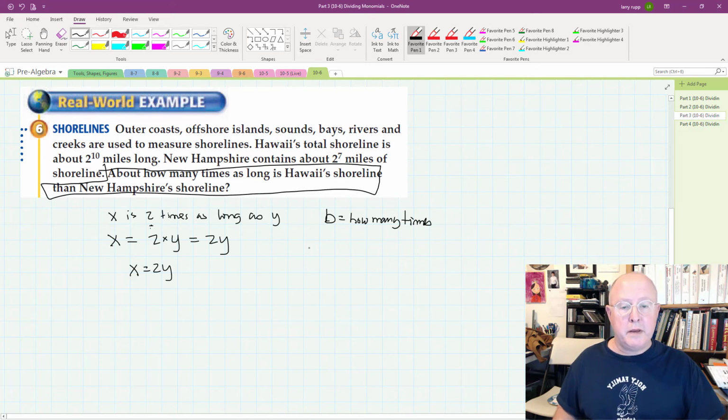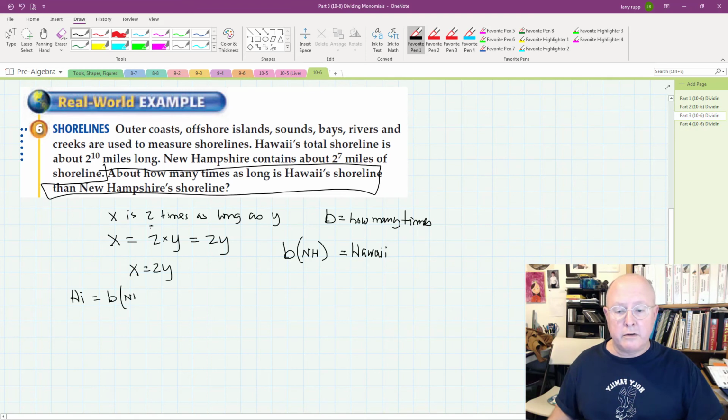So b, how many times b as long is Hawaii than New Hampshire. So it's b times New Hampshire is Hawaii. Okay? So I'll rewrite it down over here using state abbreviations. So Hawaii is equal to b times New Hampshire.